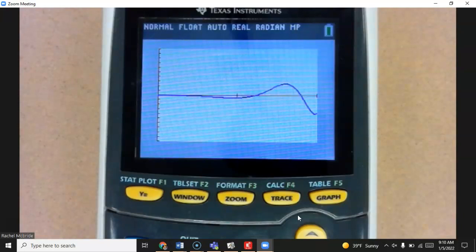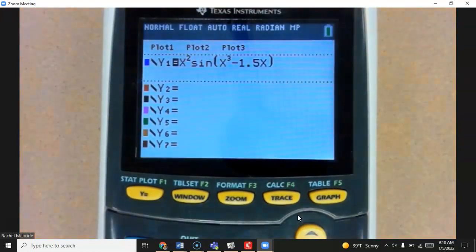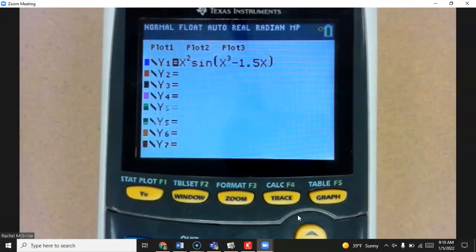Part D, find the acceleration of the bug when v of t equals -1. What I would do personally is find the intersection of -1 and my velocity graph. So I'm going to my y equals, and I'm typing -1 into y2, because I need to know when the velocity is -1.